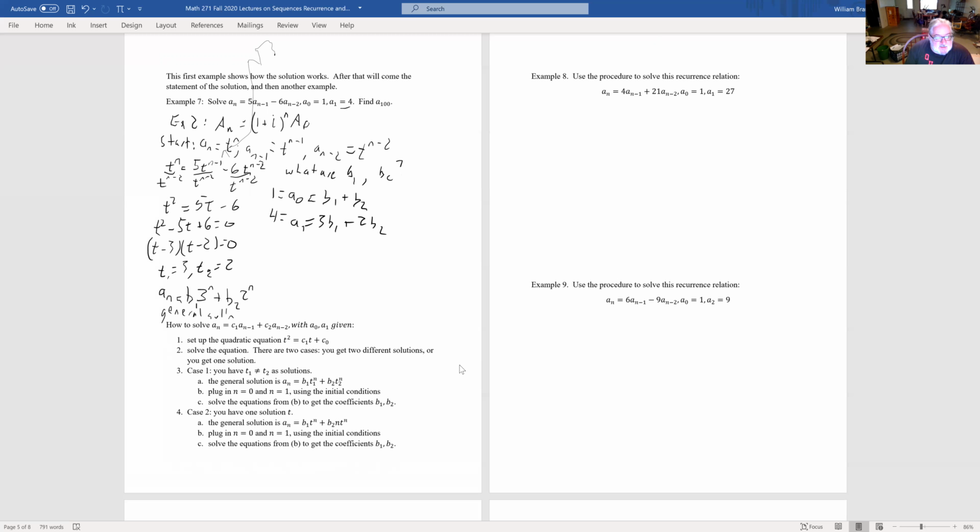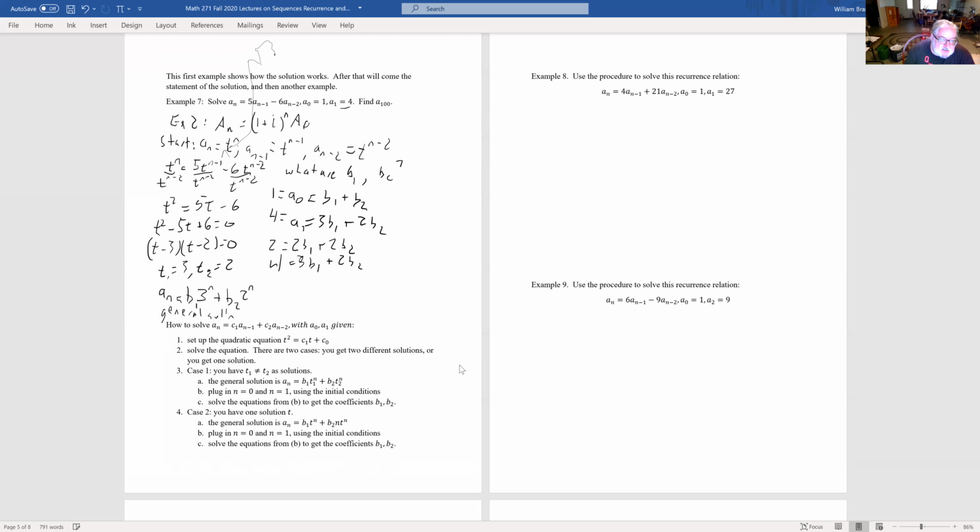And I need to solve these two equations for B1 and B2. So how can I go about doing that? I'll take the top one and multiply it by 2. That gives me 2 equals 2B1 plus 2B2. And the bottom equation is 4 equals 3B1 plus 2B2.